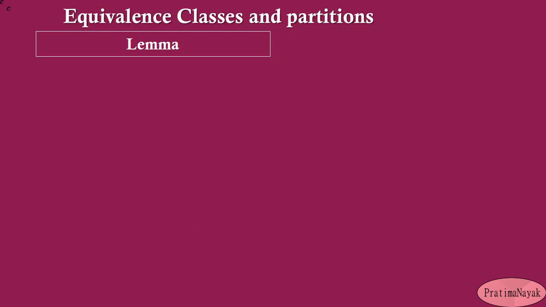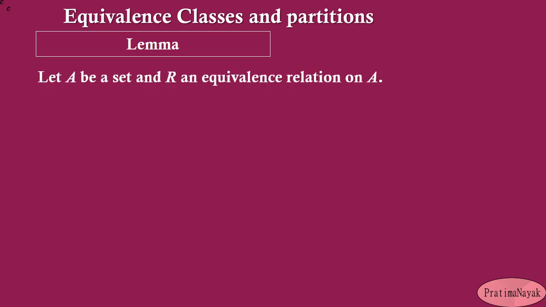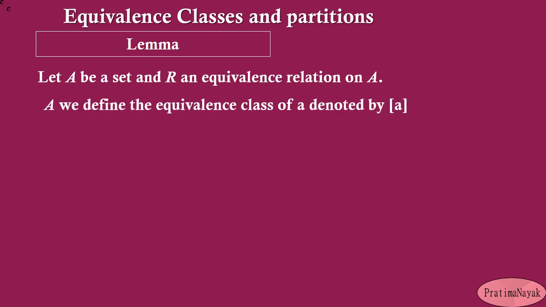Now some lemmas for equivalence classes and partitions. Let A be a set and R be an equivalence relation on A. We define the equivalence class of element a, denoted by square bracket a, as the set of all x belonging to set A where x is related to a.